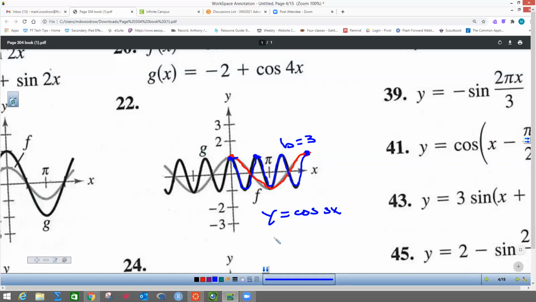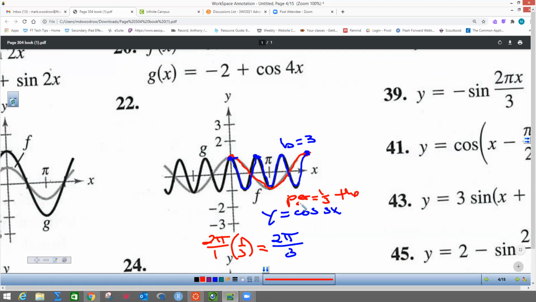So what you would say is the period of this one is 2 pi divided by 3. The period of the original one, let's put red because that's what I drew it on, is 2 pi divided by 1. Well, if I take 2 pi times 1/3, wouldn't that equal this thing? So what we would say there is the period is 1/3.